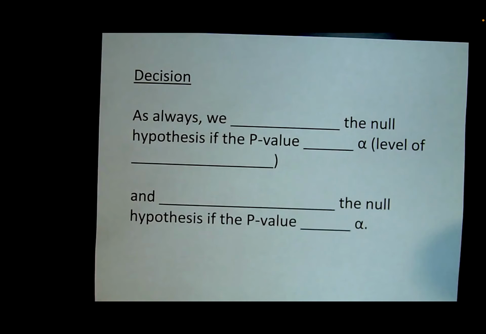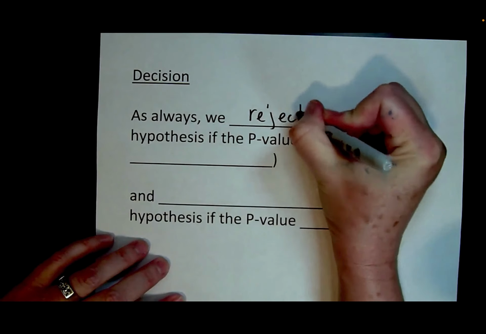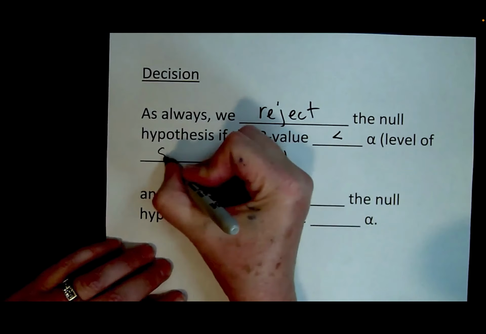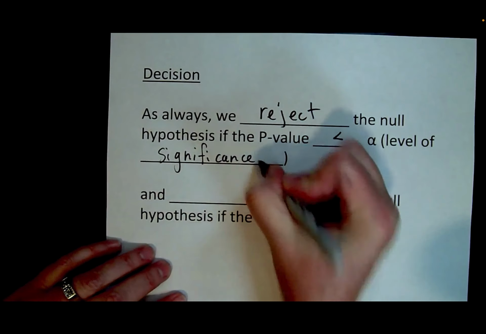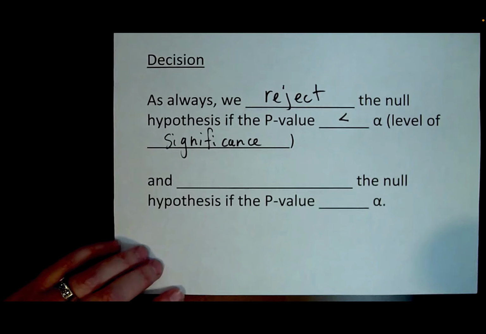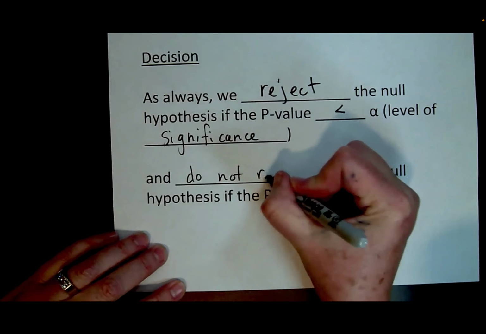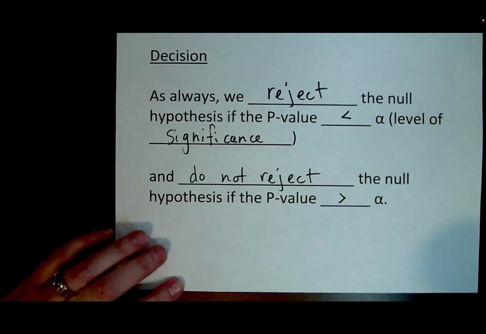So just as always, we reject the null hypothesis if the p-value is less than alpha. Remember, alpha is also called the level of significance, and it's also the probability of making a type 1 error. And we do not reject the null hypothesis if the p-value is greater than alpha.